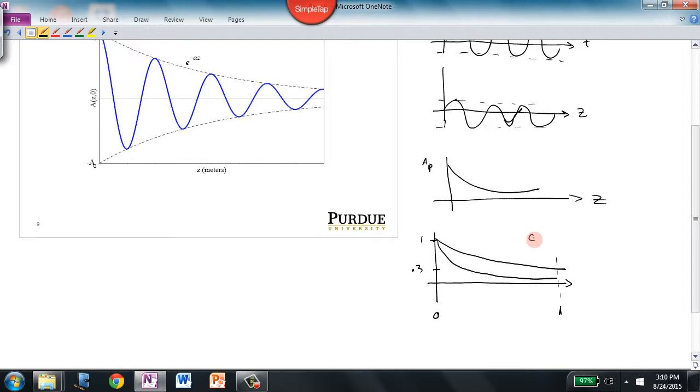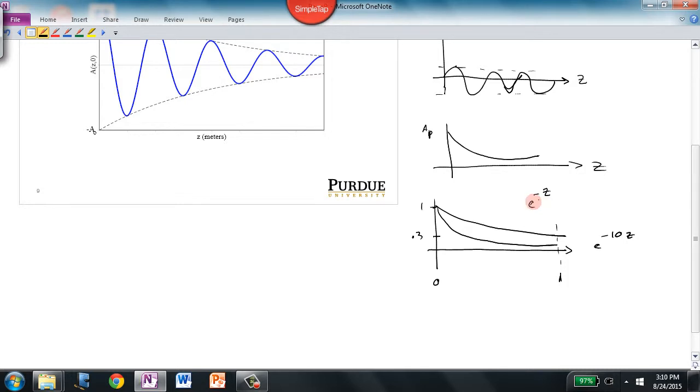The top one might be a plot of e^(−z), and the bottom one might be a plot of e^(−10z). And that's what I mean by exponential e, the natural number. And so we can use e to a negative exponent to change how fast a wave will attenuate by including that in the front half of the equation.